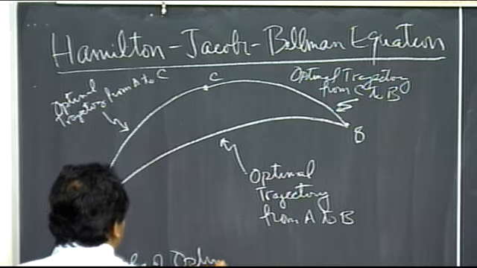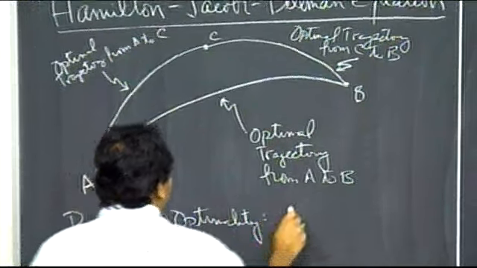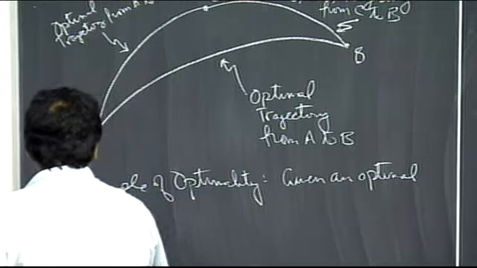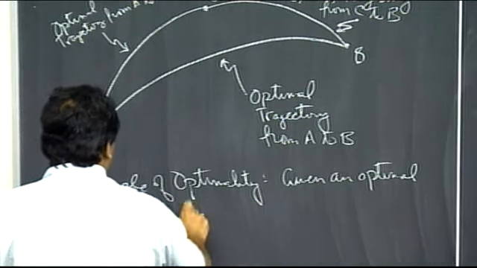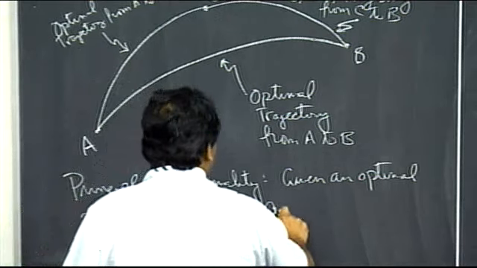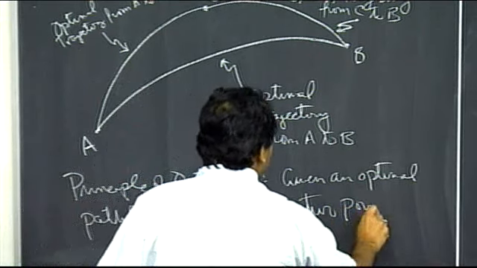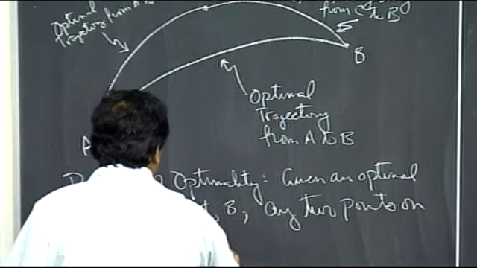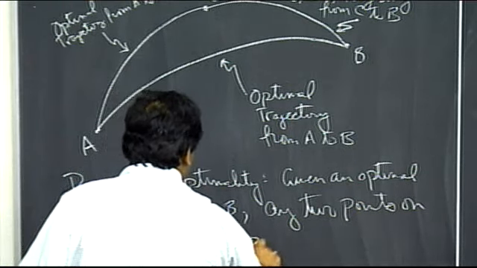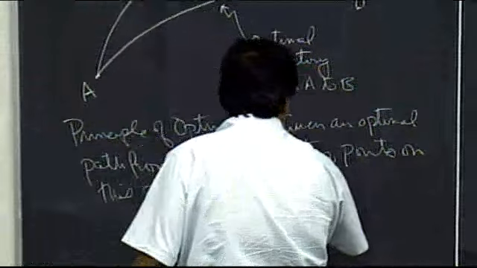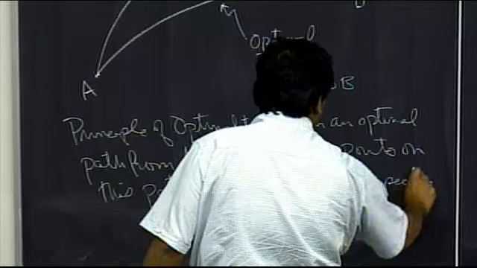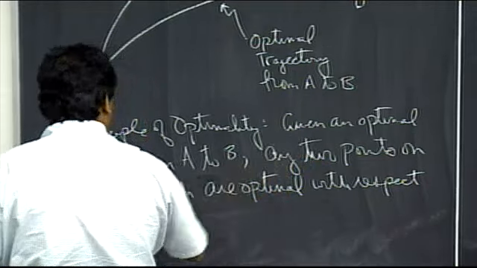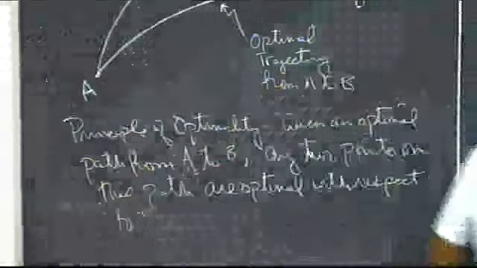But the principle of optimality states that given an optimal path from A to B, any two points on this path constitute an optimal path with respect to the start.